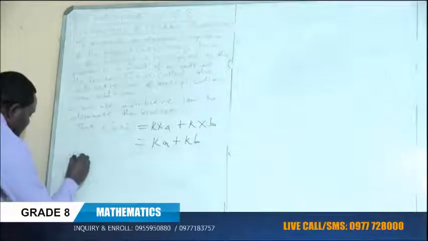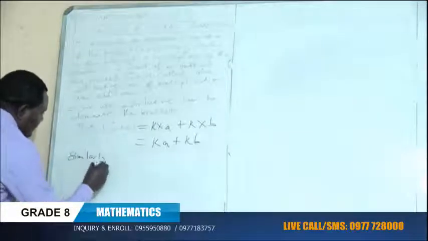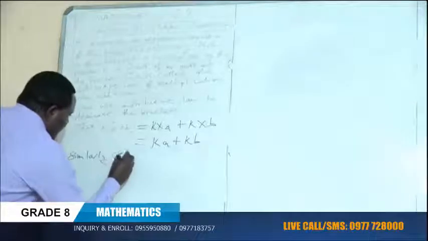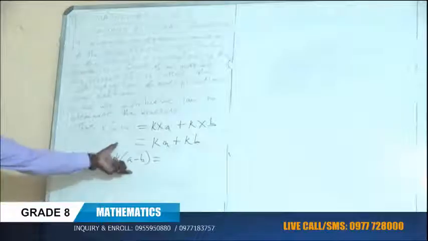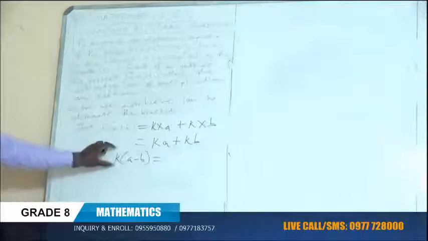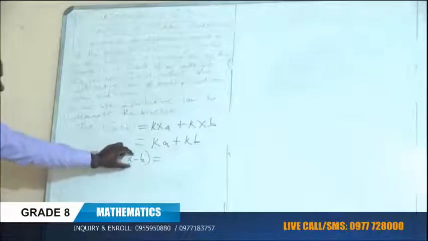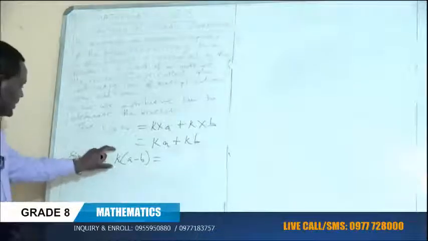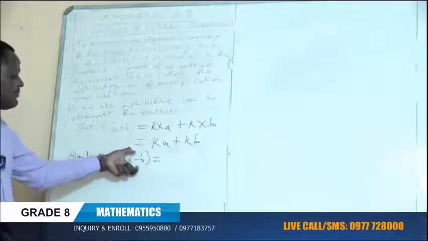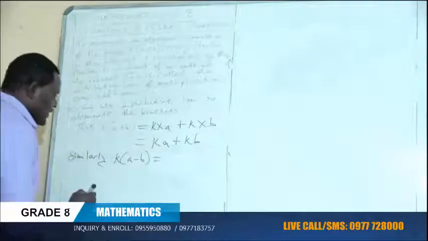Similarly, k in brackets a minus b. We can still do the same here. We do have the number outside the bracket, a minus b. We can still distribute this k by multiplying each and every term inside the brackets.